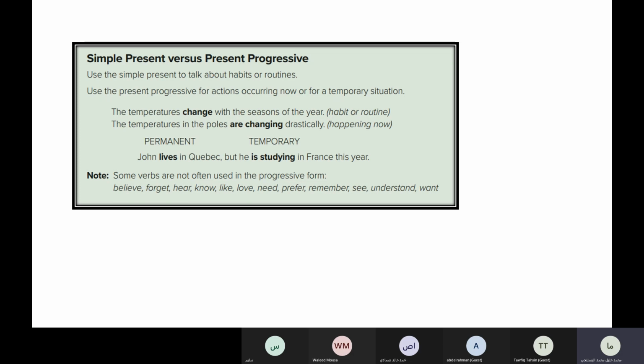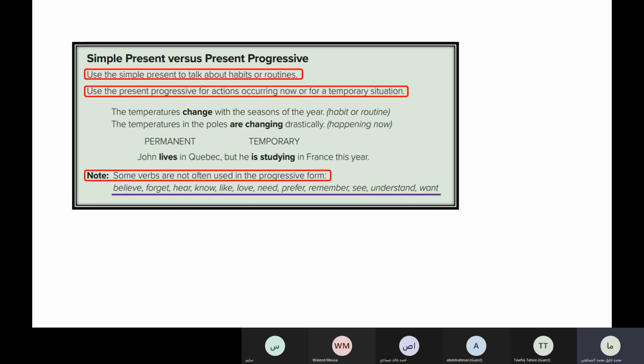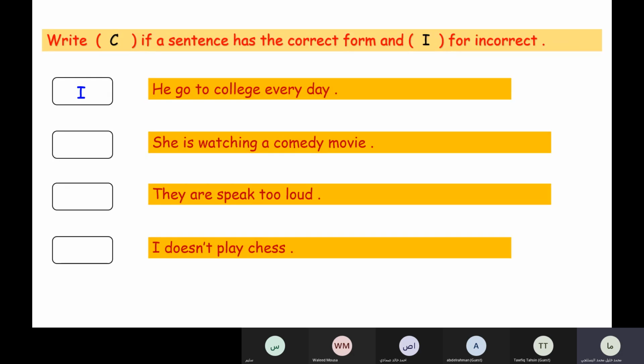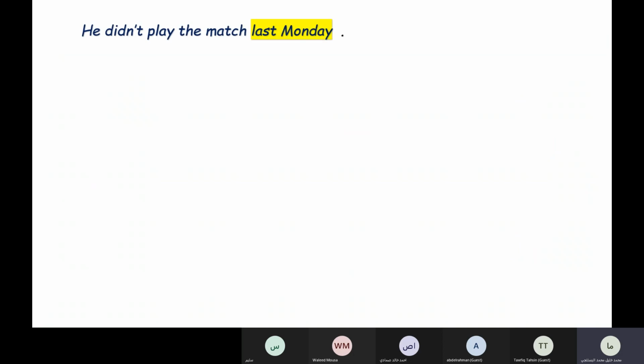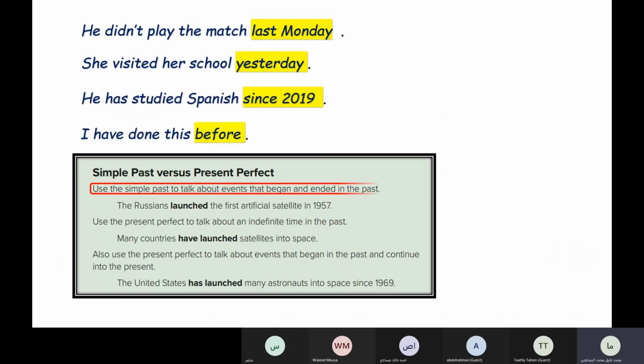Good. So, okay. Now let's move to the explanation. We want to read. Read the explanation, please.